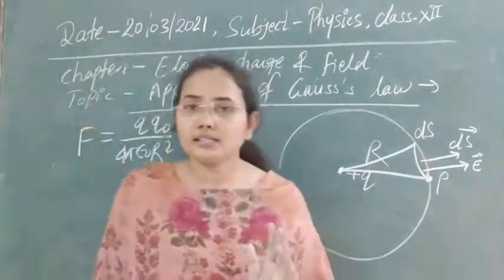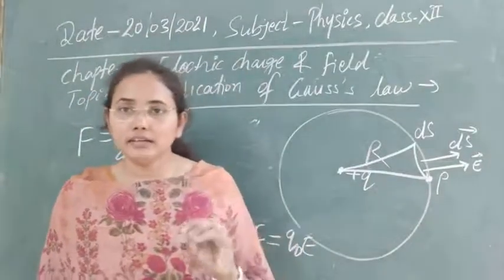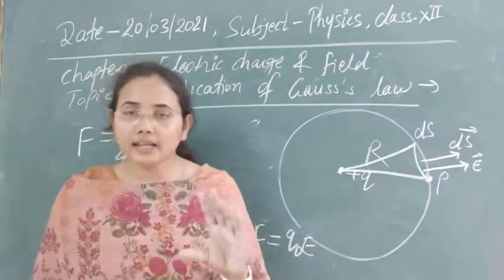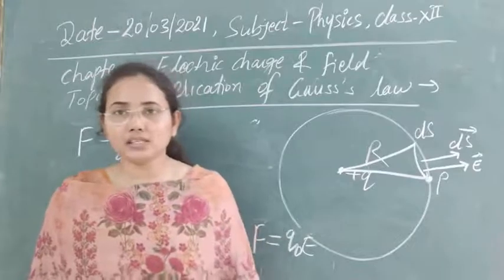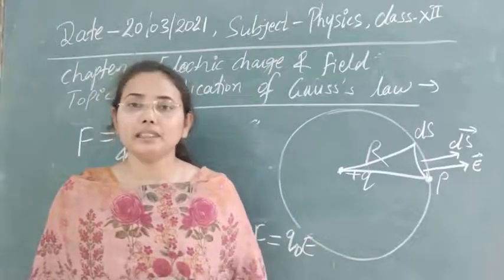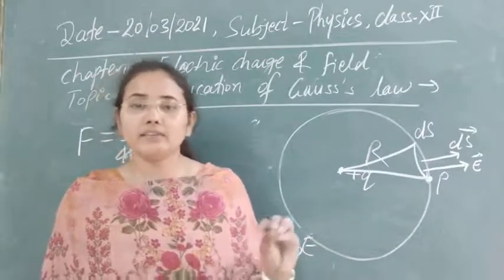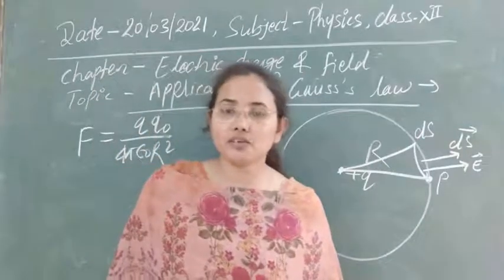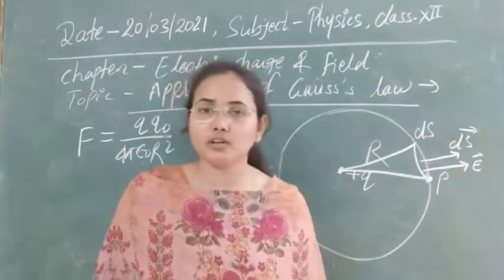After that we have seen the field. A field is the area through which any charge is effective, meaning if any other charge comes into that region, it will feel an interactive force, either attractive or repulsive.